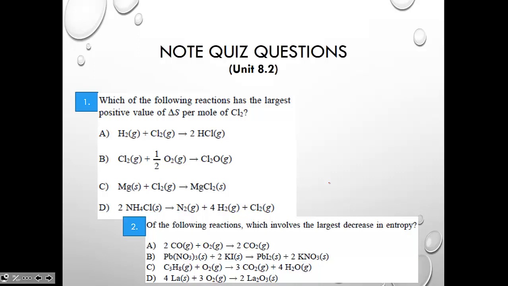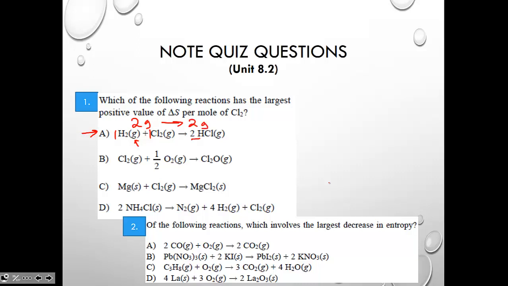Pause the video and answer note quiz questions 1 and 2. For these, you should look at the states of matter and how many gases there are on each side. So for example, in A, we have two gases that combine to form two gases.